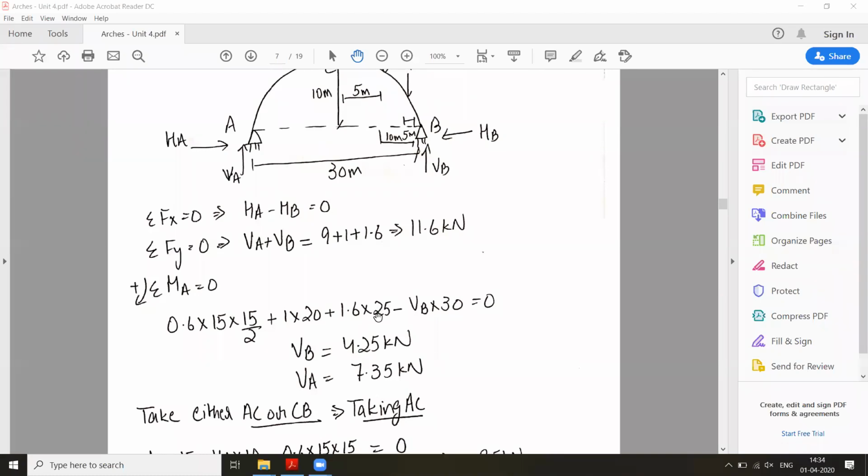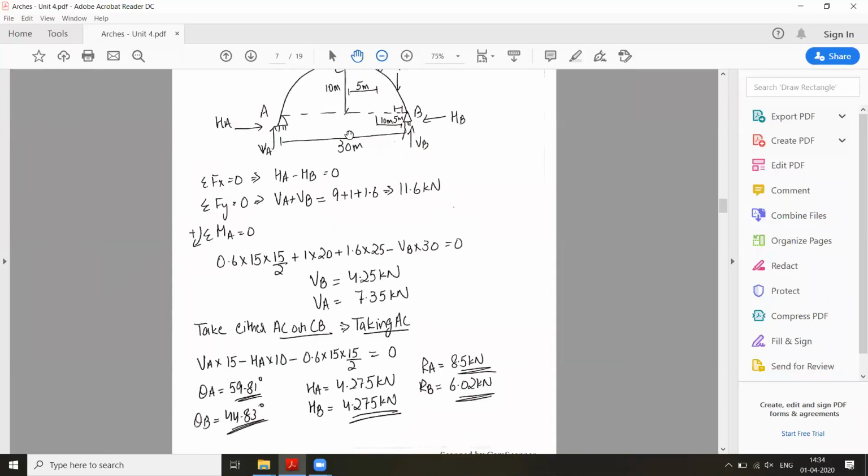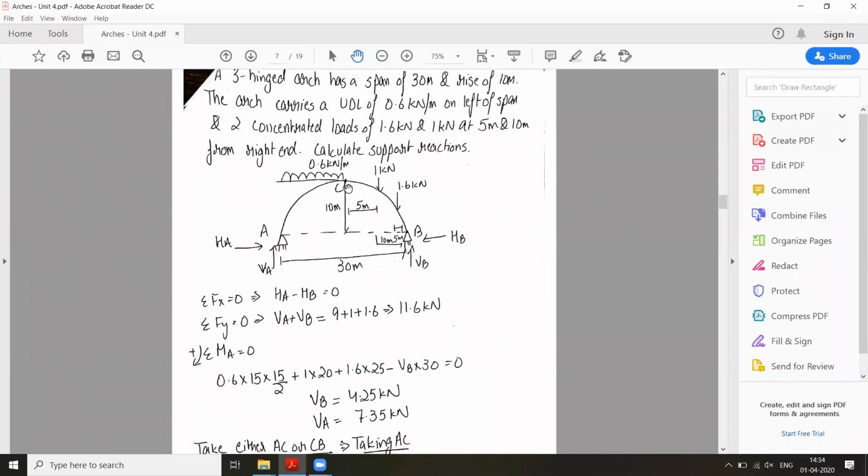Okay. Now we have to calculate the horizontal reactions HA or HB. So you have to take either span AC or span CB. Any one span you have to take here. So let us take span AC. Now you have to calculate moment at C point.